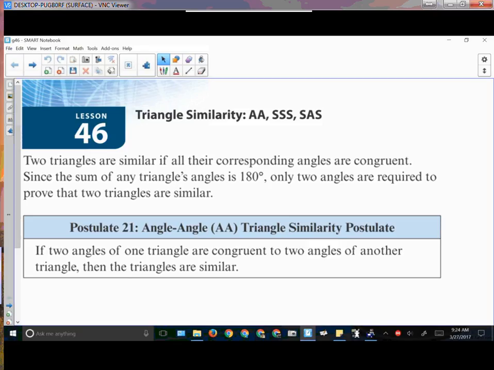When we are looking at similarity for triangles or any other kinds of shapes, all we are really doing is just changing the size of it and how close it is to you. Is it further away? Is it closer to you? I mean, the shape doesn't change. Okay?